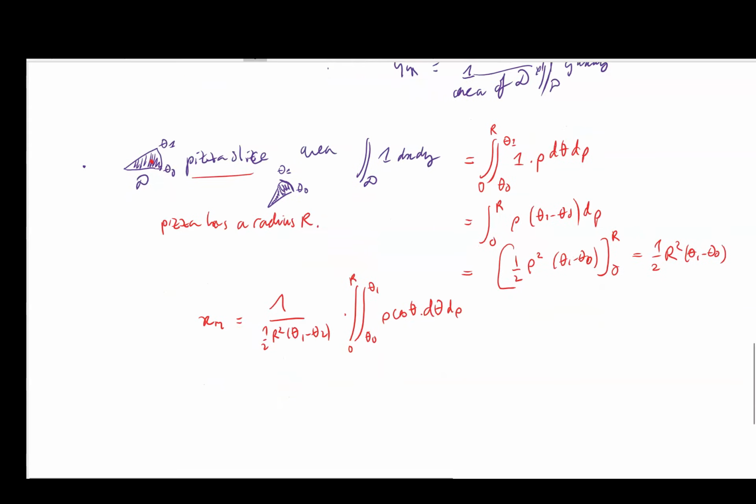And you get the ym coordinate by the same process, except that instead of rho cos theta, you get rho sine of theta. And I guess you can compute that by yourselves. That's a very good exercise.